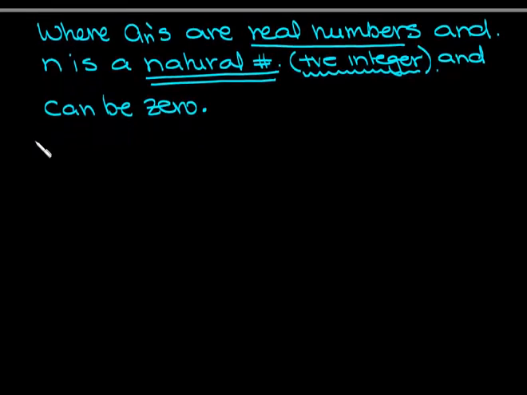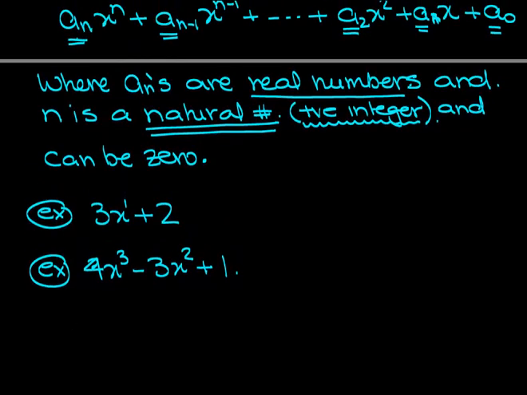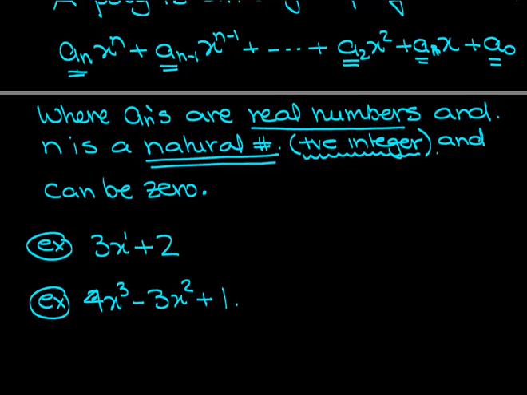Let's take a look at some examples of polynomials. The one I gave you earlier, 3x plus 2, is a polynomial. Here n is 1. Another example of a polynomial could be 4x cubed minus 3x squared plus 1. The key requirement for something to be a polynomial is the exponent.